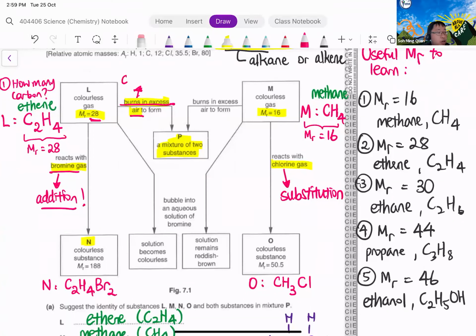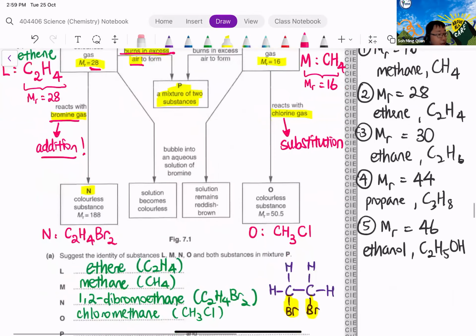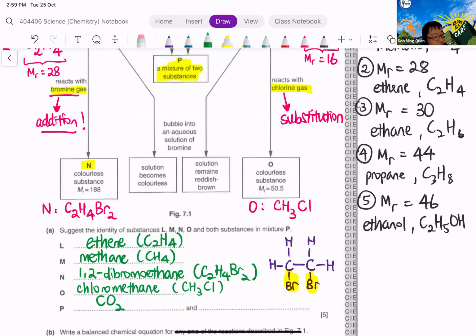Burning is complete combustion. Because you know it's complete combustion, you can easily work out what P is, because complete combustion of alkanes and alkenes will give you only carbon dioxide and water. Of course, you can write the name, okay, carbon dioxide and water.